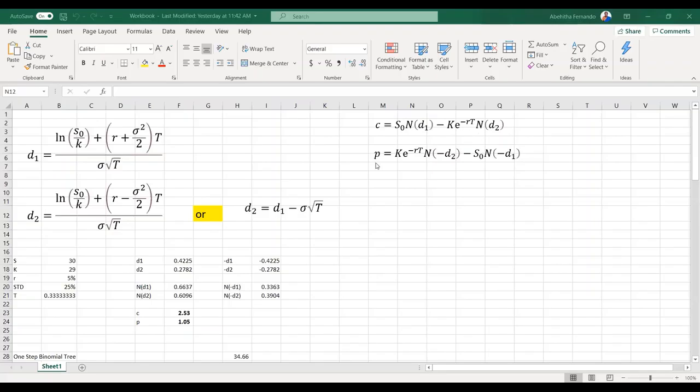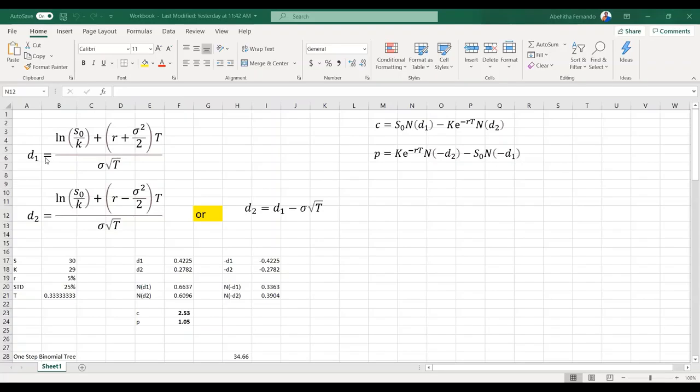That's why, when it comes to put options, we consider minus d2 and minus d1. Under put options, we take the present value of the strike price multiplied by the probability of minus d2, because d2 is always associated with the strike price, and minus S0 into the probability of minus d1.